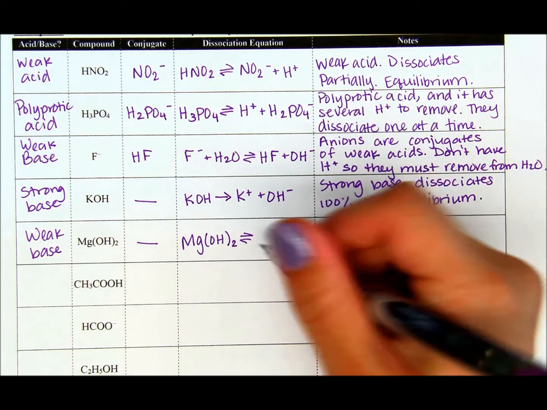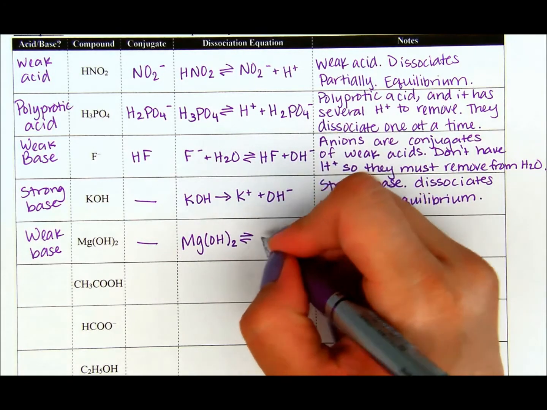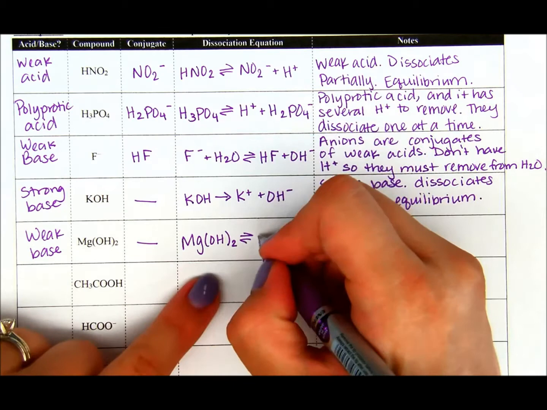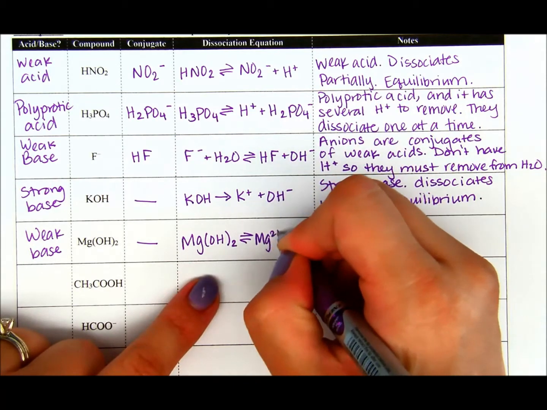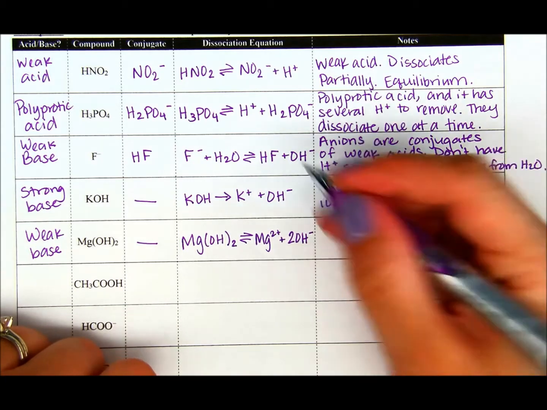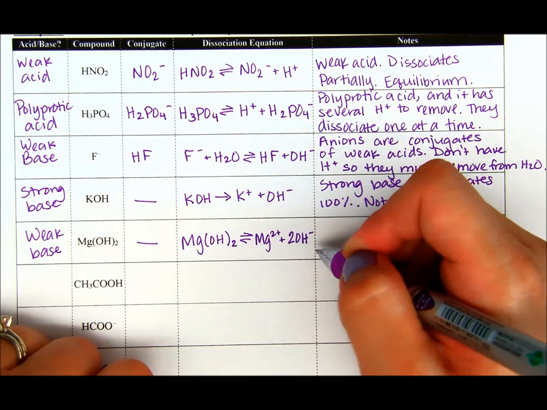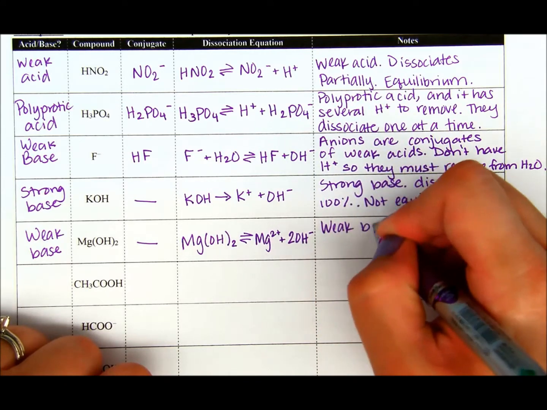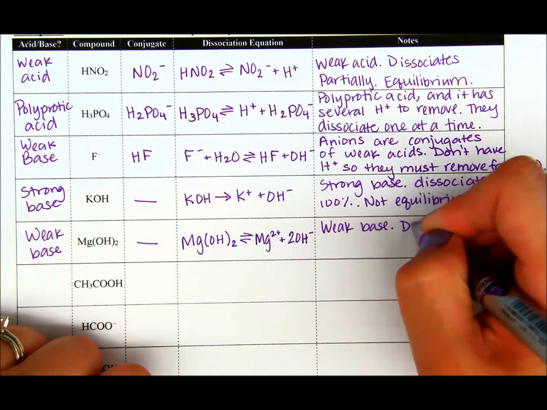And since this is weak, it's going to be in equilibrium. And giving off your hydroxide anions here, you end up with Mg2 plus and 2 OH minus. These don't come off one at a time. The hydroxides come off all at once. This is a weak base, and it dissociates partially.